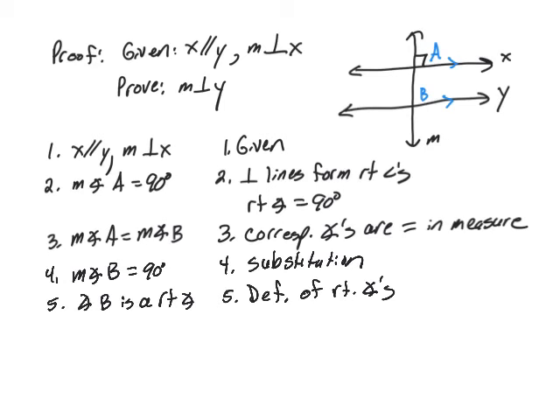Finally, by definition of perpendicular lines, I can say that M is perpendicular to Y. Definition of perpendicular lines. And that's one way to prove that if a line is perpendicular to one of the parallel lines, it has to be perpendicular to the other.